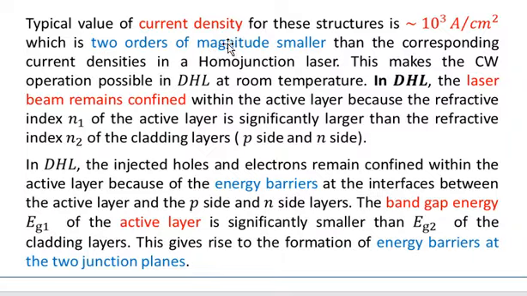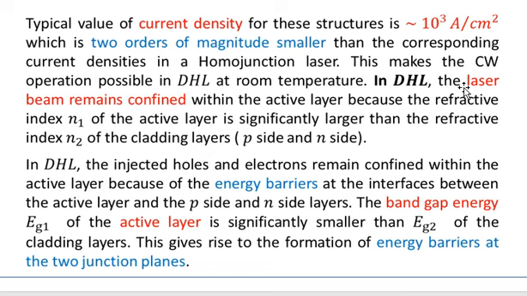Typical values of current densities for these structures are of the order of 10 to the power 3 ampere per centimeter square, which is 2 orders of magnitude smaller than the corresponding current densities in a homojunction laser. This makes the CW operation possible in DHL at room temperature.